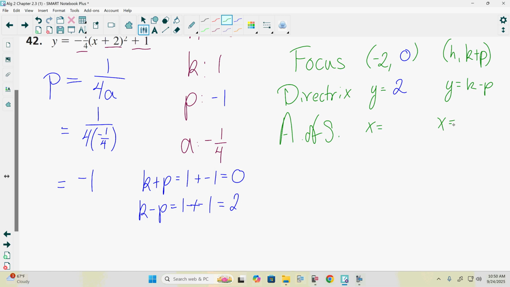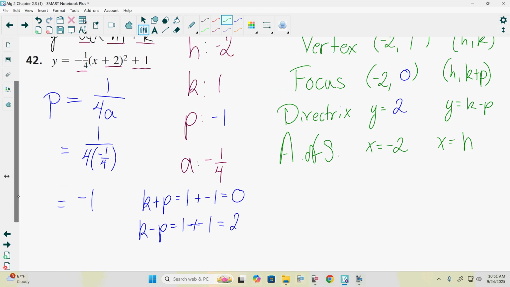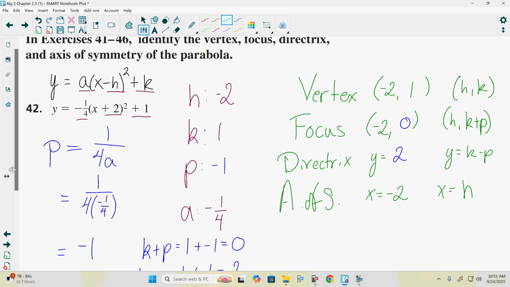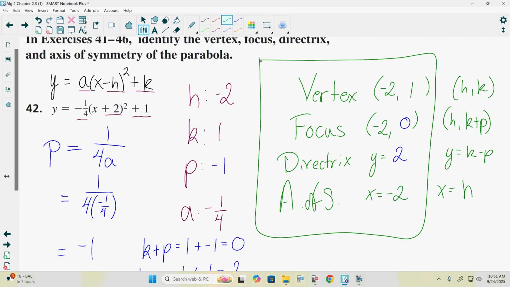And lastly, axis of symmetry, x equals h. So for us here, it'd be x equals negative 2. So vertex, focus, directrix, and axis of symmetry.